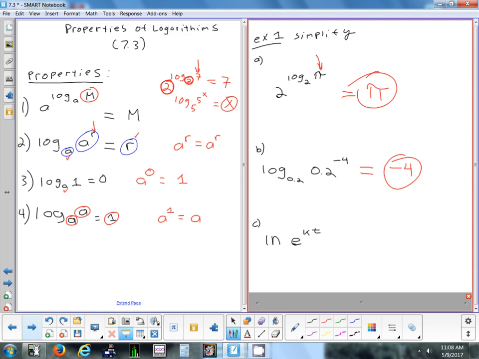This one's a little tricky because something is hidden. But does anybody see what rule this one is? Dave? So to be rule 4, you would have to have no exponent here.